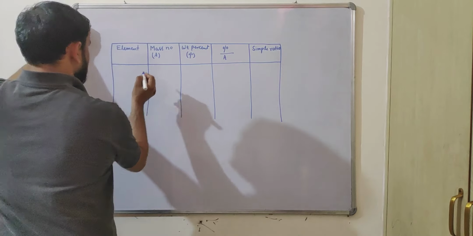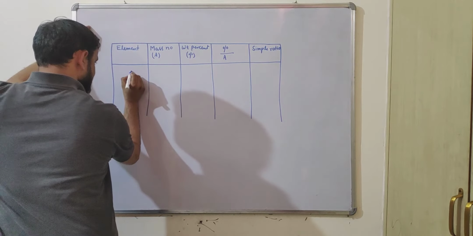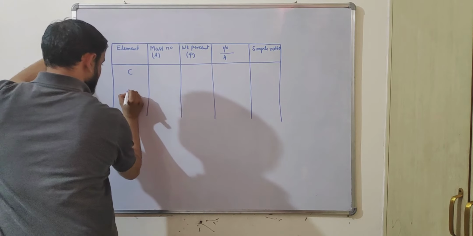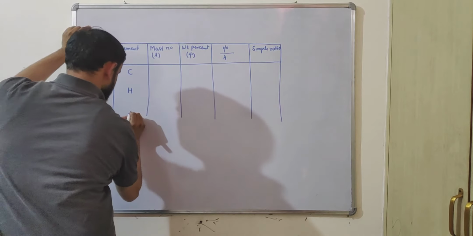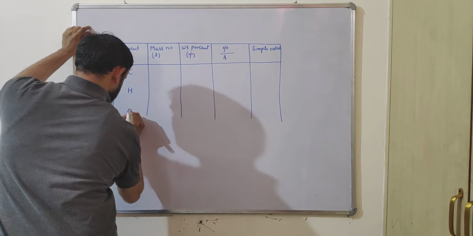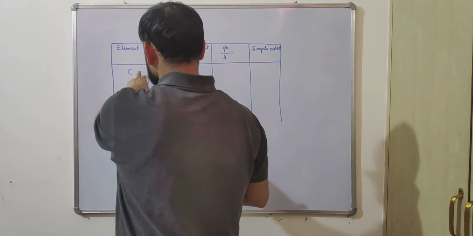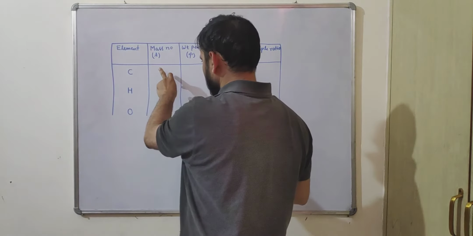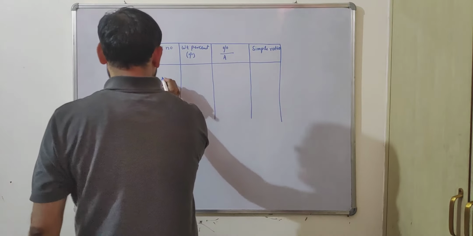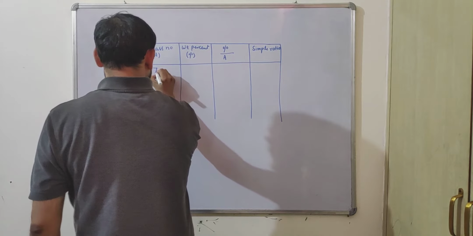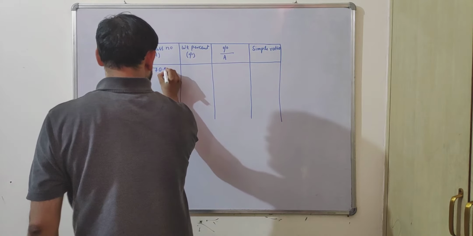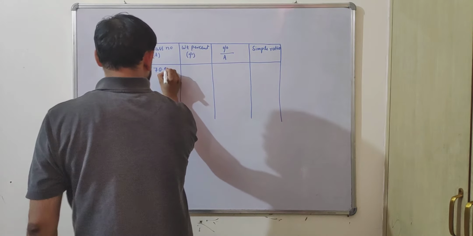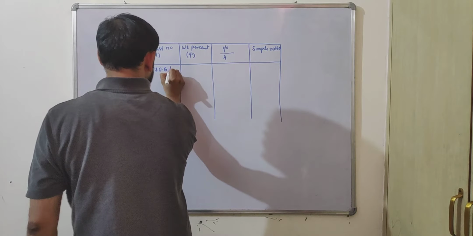In the given compound X, there are 3 elements: carbon, hydrogen and oxygen. Their corresponding weight percent is carbon is 70.6%.